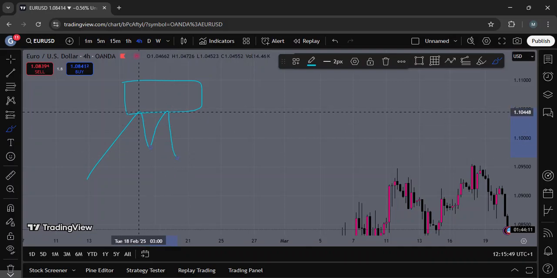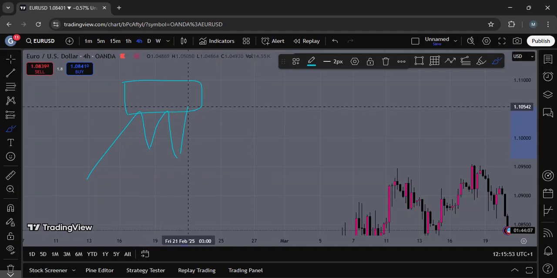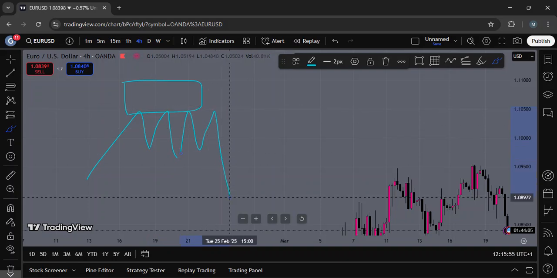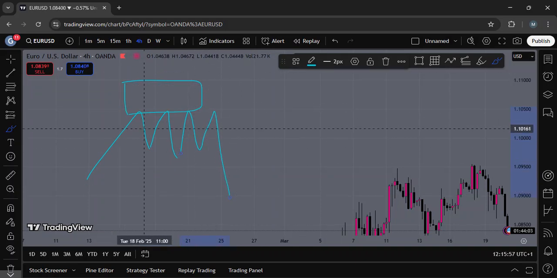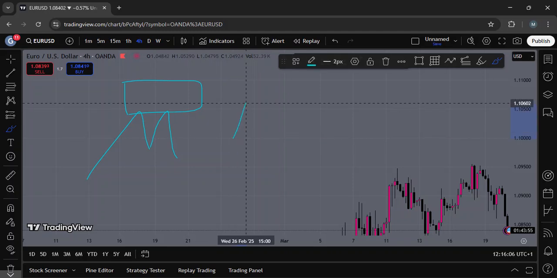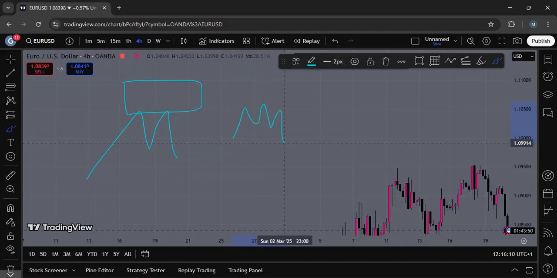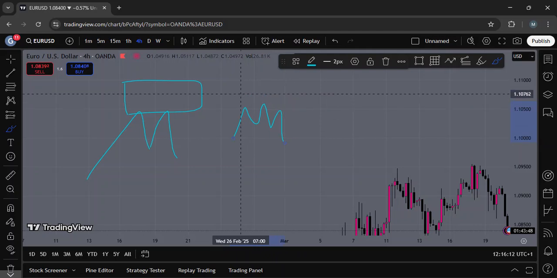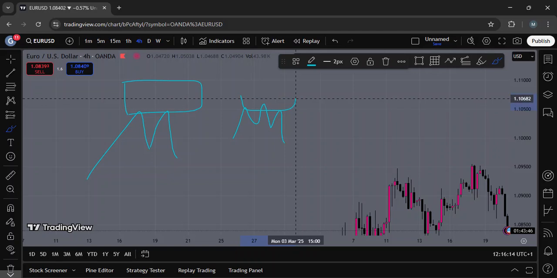And then when you see an area that reacted twice, or even 3 times, 4 times, it doesn't matter. First of all, you don't see this zone, but when you have the price moving up and then something makes it react, it goes up here, reacts here, and reacts again, you can see that there's something in this area that is making the price sell.